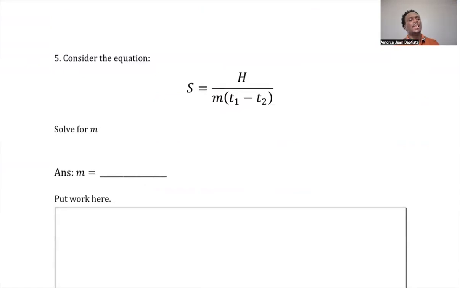Example 5. In this case, now we have multiple variables, but it's not a word problem like a word problem. But still, you have a question where you have multiple variables to solve. They're always going to tell you which variable to solve for.